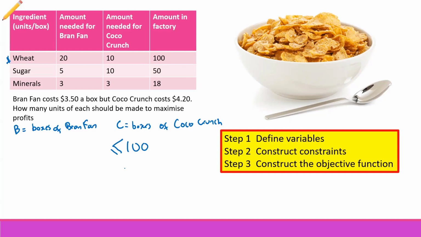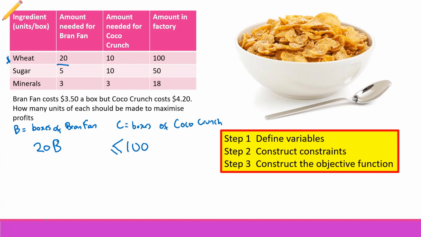Now that means, if I was to ask how much wheat does a bran need? 20. So if I have 5 boxes of bran, if B was 5, then that would be equal to 100.